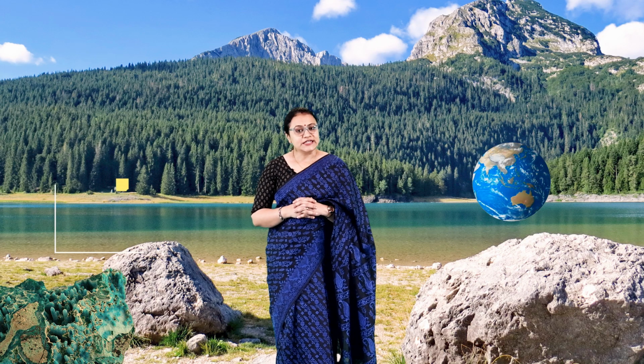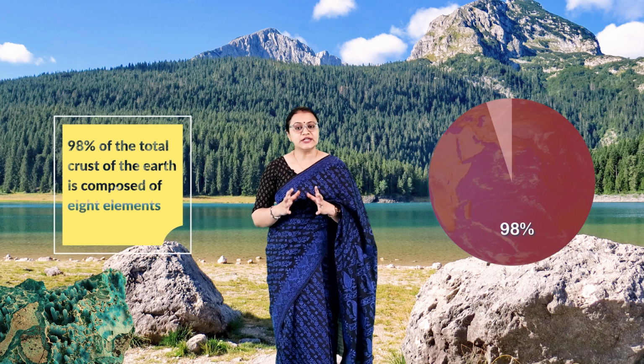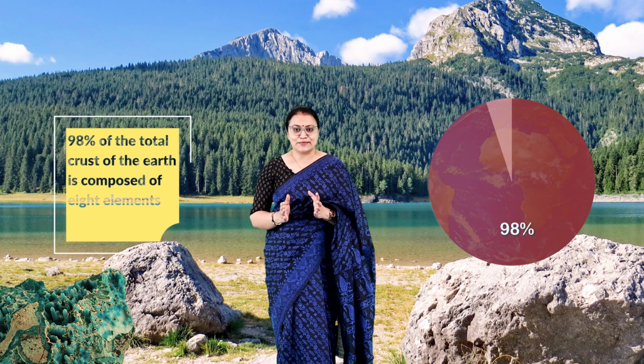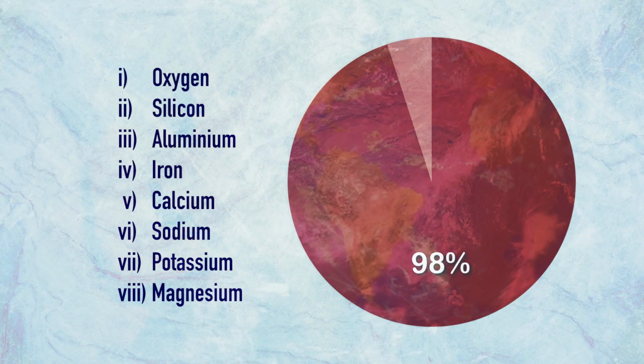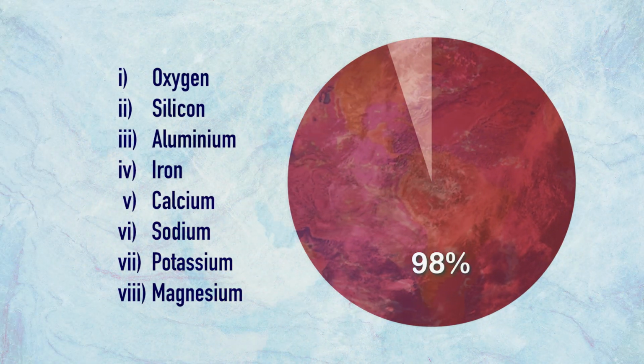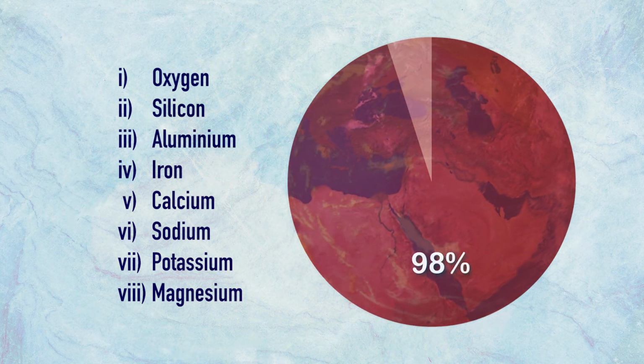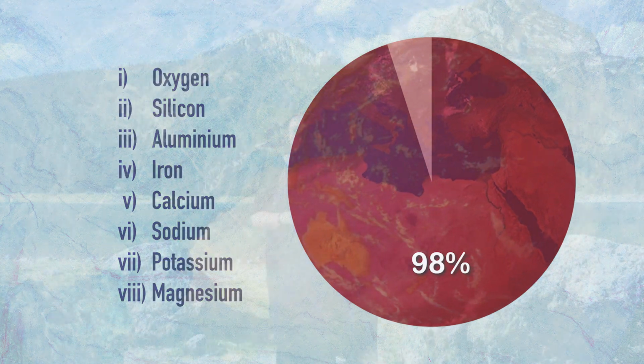You will be surprised to know that about 98% of the total crust of the Earth is composed of 8 elements like oxygen, silicon, aluminium, iron, calcium, sodium, potassium and magnesium.